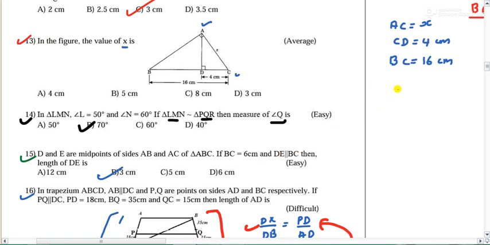See here, if I take triangle BAC, BAC. Okay, are you getting me? Yes, mute yourself. BAC and triangle, who is that?